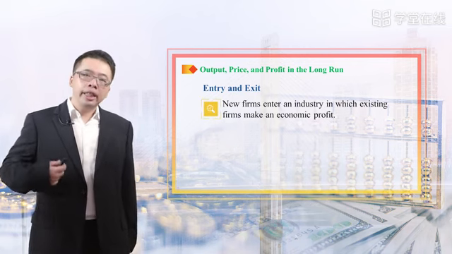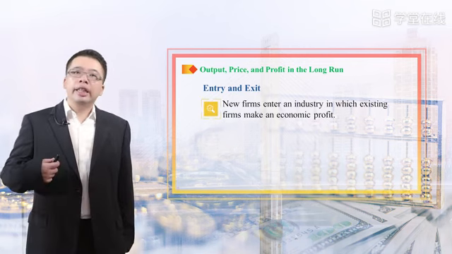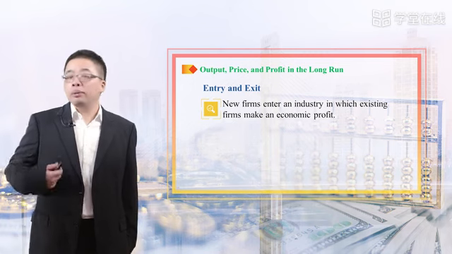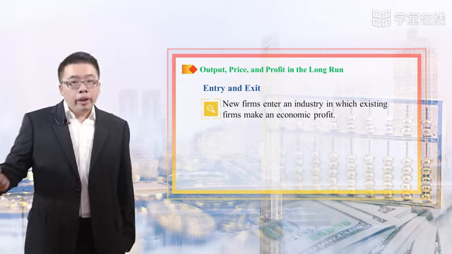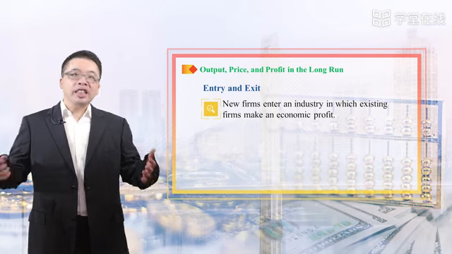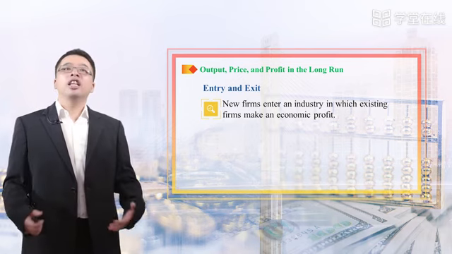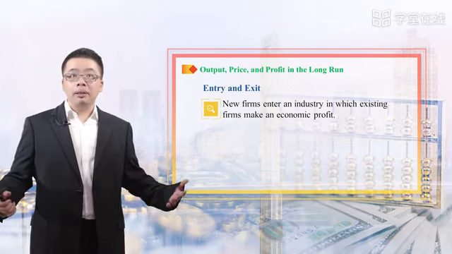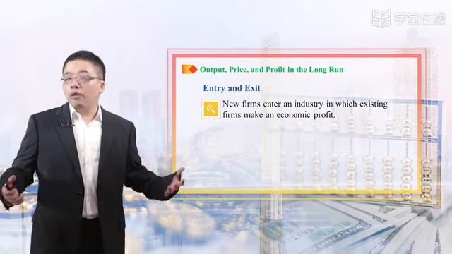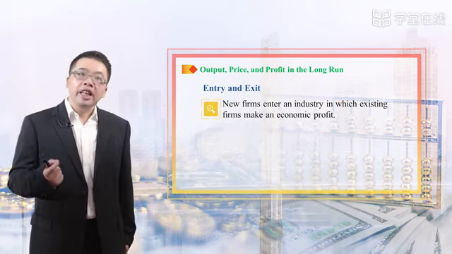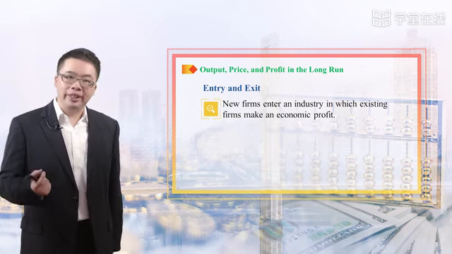New firms enter an industry in which existing firms make economic profit. So if this industry is making economic profit, everyone is making money. This is the economic profit, which means that the revenue exceeds the cost including normal profit.